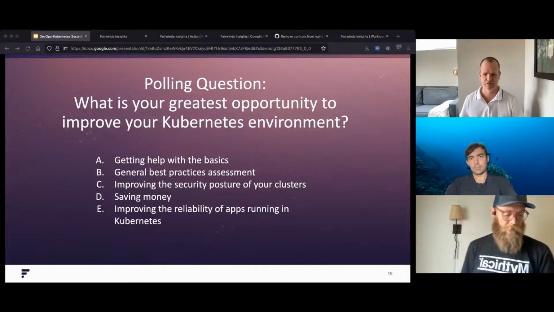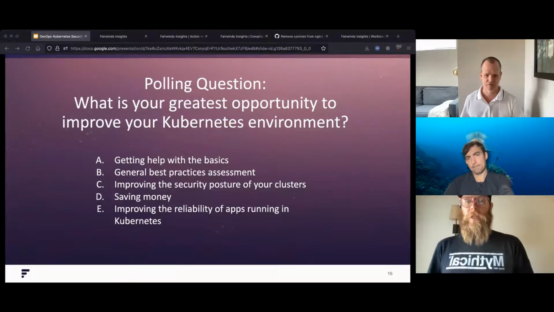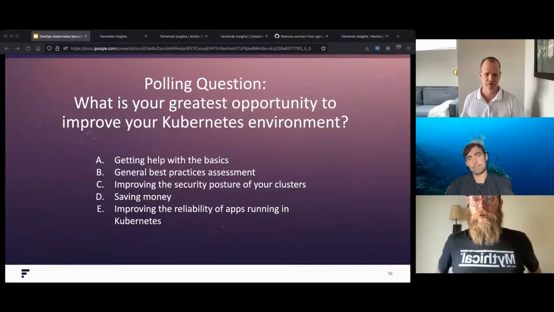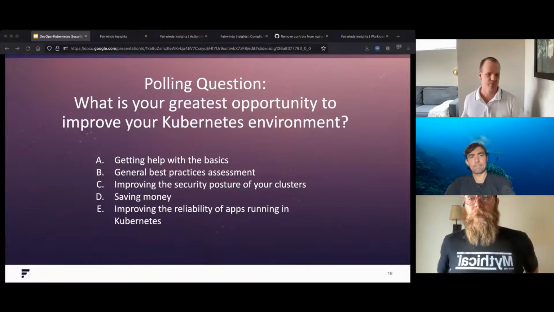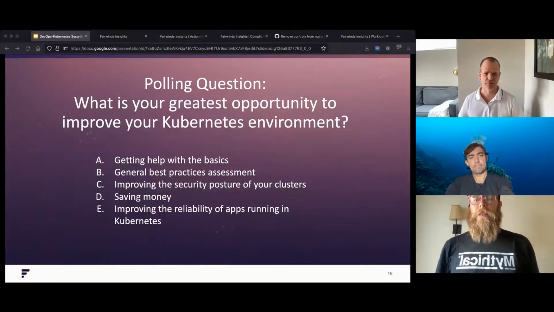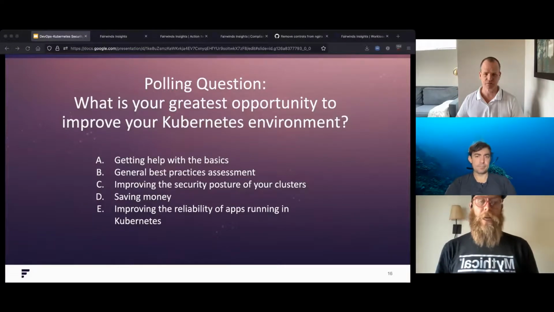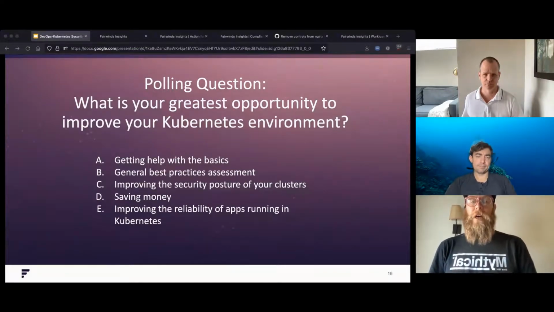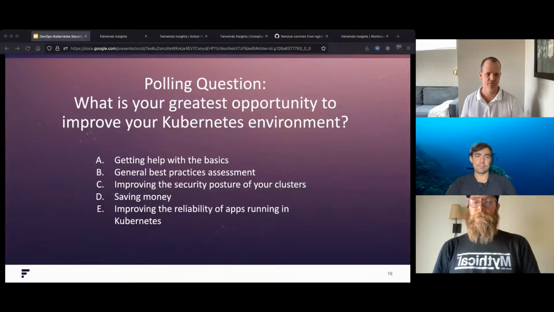What is the greatest opportunity to improve your Kubernetes environment? Is it getting help with the basics, getting a best practice assessment, improving the security posture of your clusters, saving money, or improving the reliability of the apps running in Kubernetes? Spend a minute and fill that out for us.